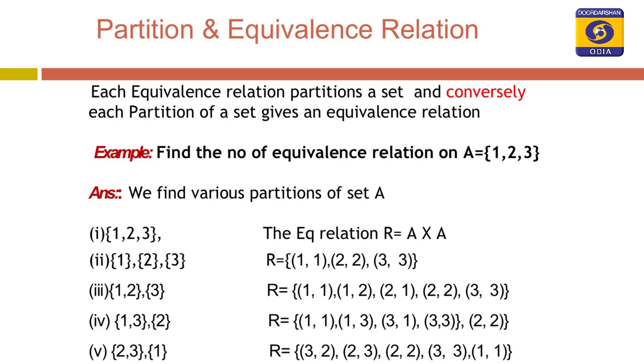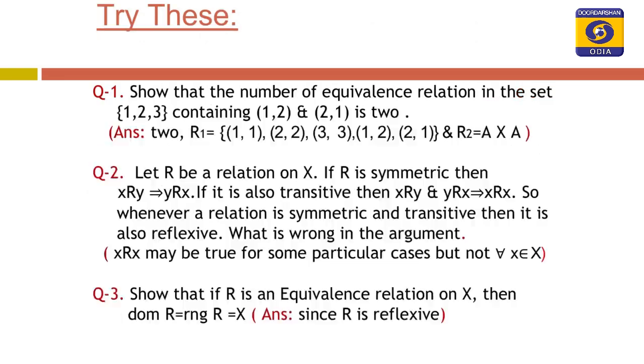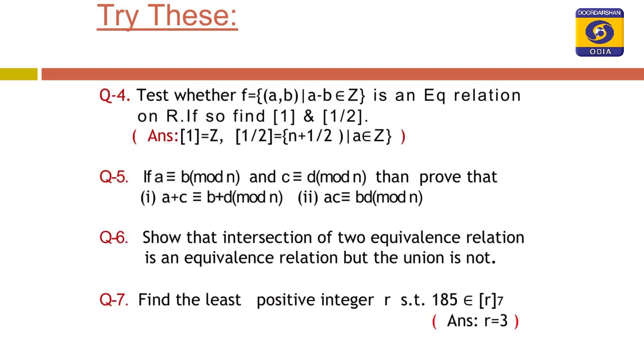And finally, there are some problems, you try this, the number of equivalence relations on this set. And question 2 says the equivalence relations on this set 1, 2, 3 containing 1, 2 and 2, 1 is 2. So, other problems are there, there are 7 problems. For the homework, you try the other problems in your textbook, and if any doubt you can ask me.